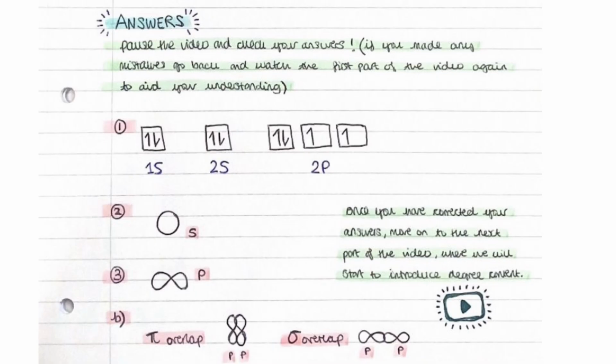Now we're going to go through the answers. So for question 1, you have to fill out the electron configuration for an oxygen atom. So of course, oxygen has 8 electrons in each atom. It's got 2 valence shells, and in the first valence shell, there's just one orbital, the 1s orbital. So we fill that up with 2 electrons, and make sure you've put in the opposite spins.